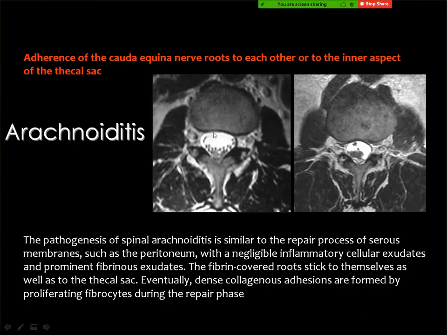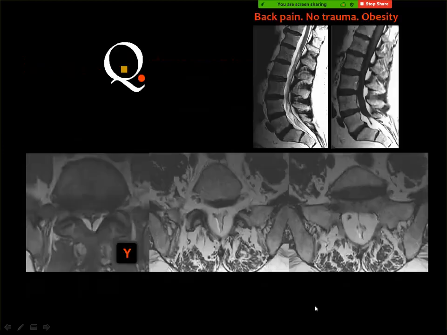This is the normal appearance of the nerve roots while the patient is lying on his back. But in this example, you've got a clumping or adhesion of the nerve roots together, and this is a good sign of arachnoiditis. Next case.